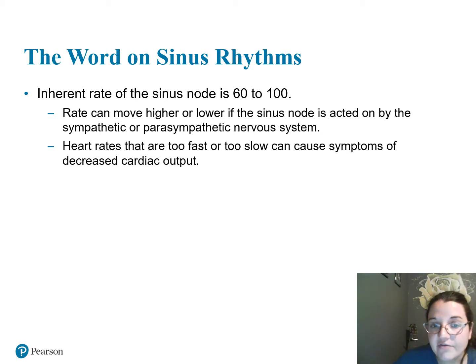So the inherent rate, the normal rate, the original pacemaker rate of the sinus node is 60 to 100, and we're talking beats per minute. The rate can move higher or lower if the sinus node is acted on by the sympathetic or the parasympathetic nervous system.